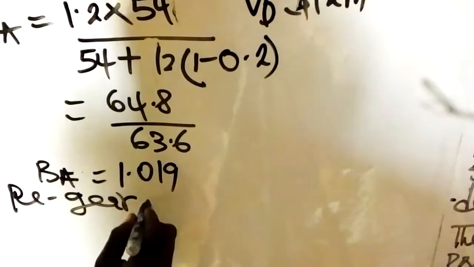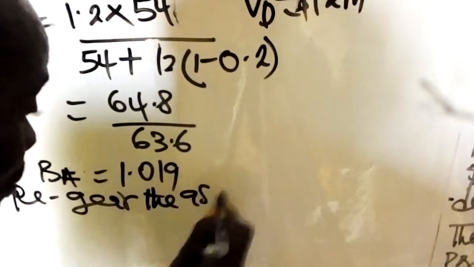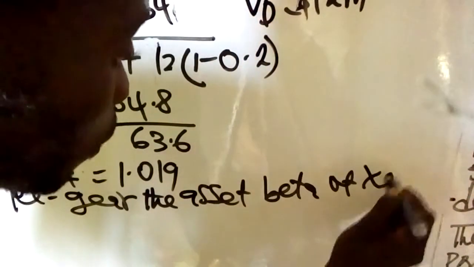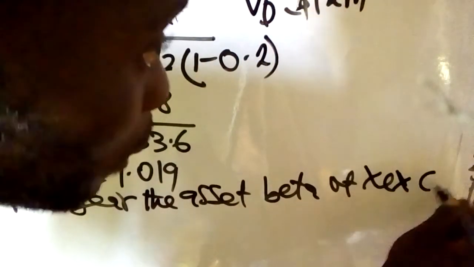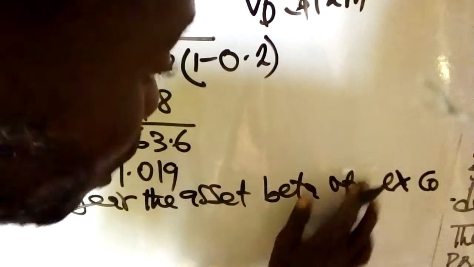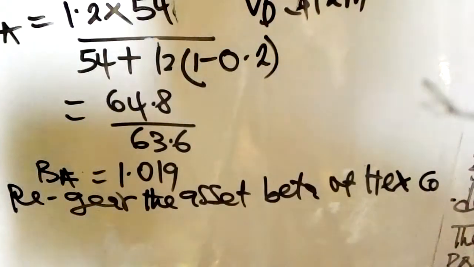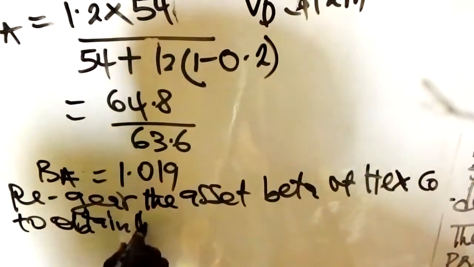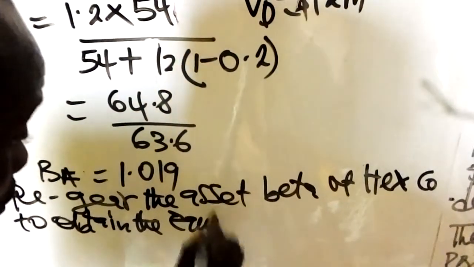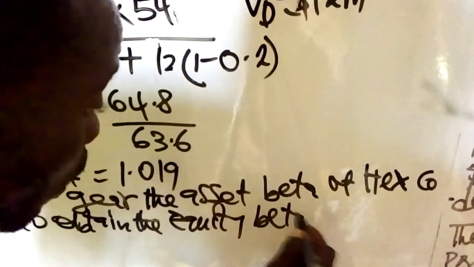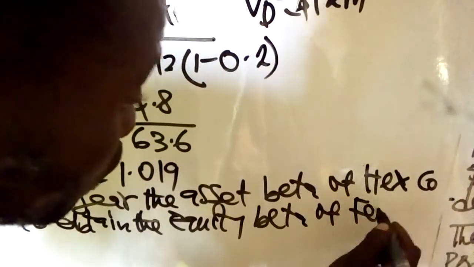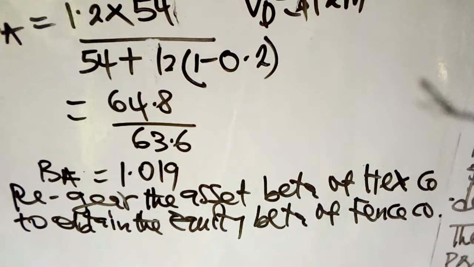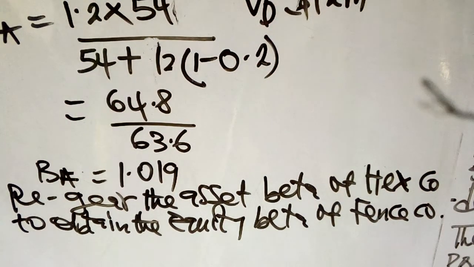So regear the asset beta of HESCO, remember, HESCO is the proxy company of FENSCO, to obtain the equity beta of FENSCO.